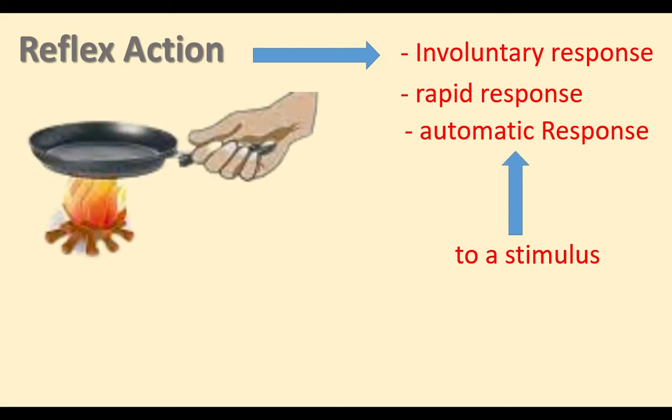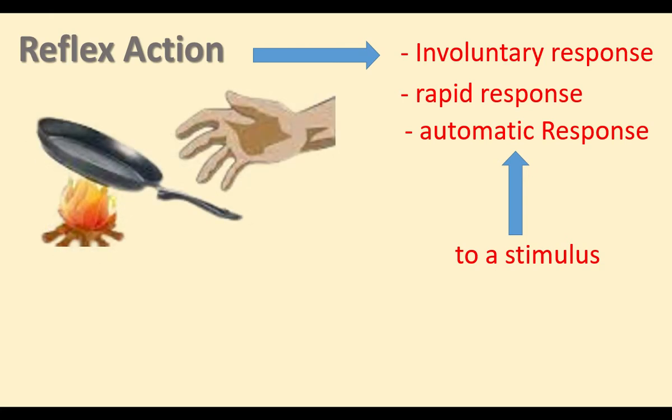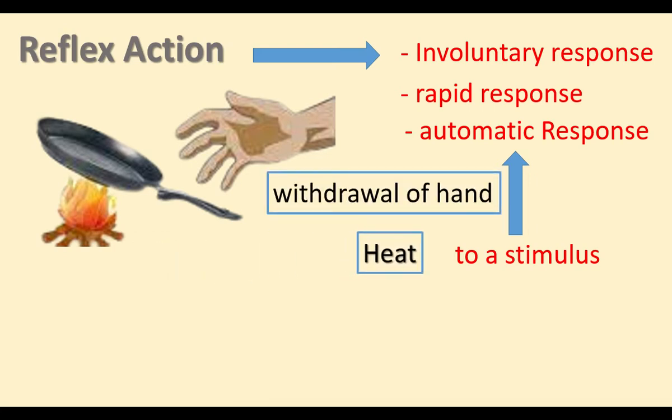Heat is a stimulus. Sudden withdrawal of the hand on touching a hot object is a response. Heat is an external stimulus. Sudden withdrawal of the hand is a response.